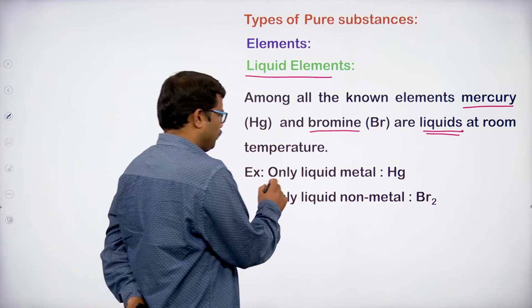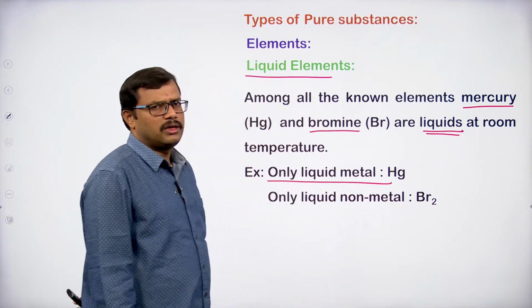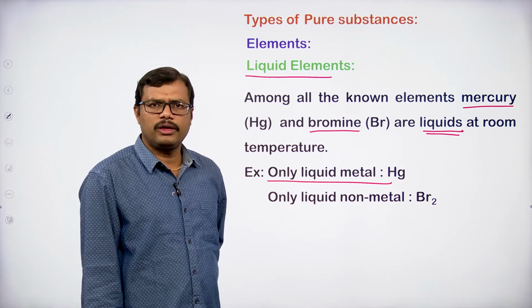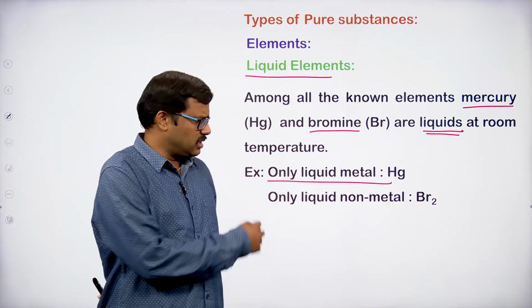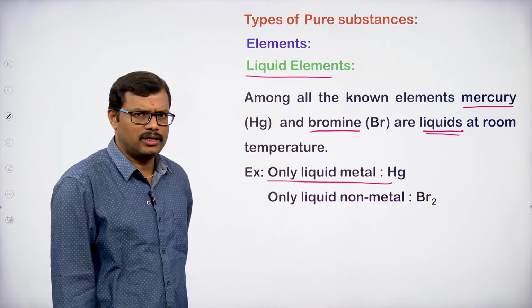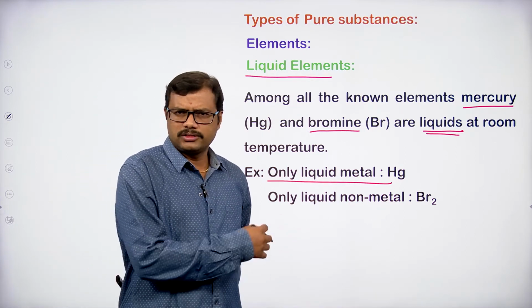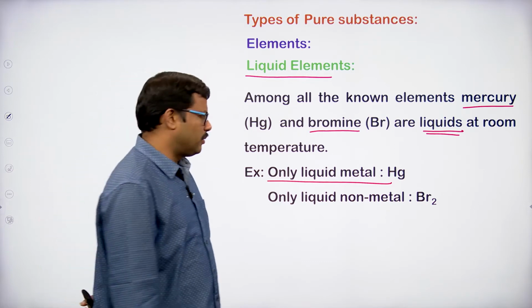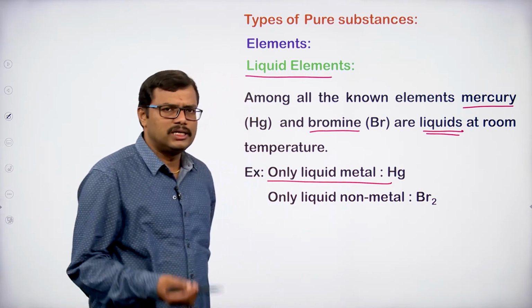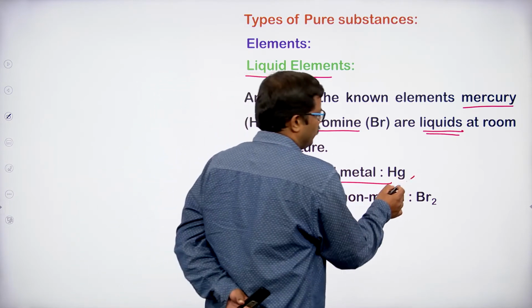And if we observe, mercury is a metal. What are metals? We will come across that again and discuss metals, non-metals, and metalloids. So, the only metal which exists in liquid state at room condition is mercury.